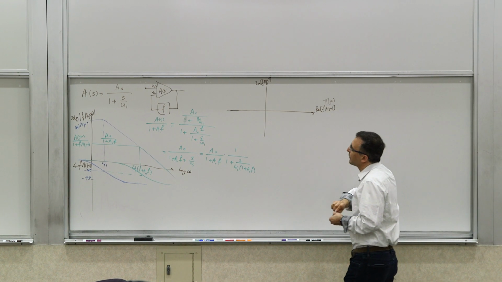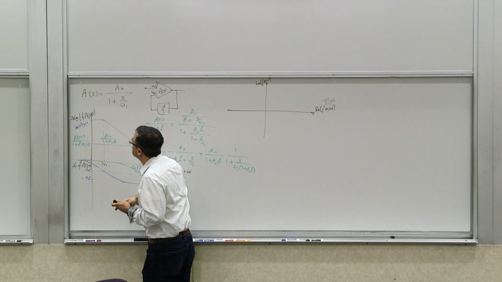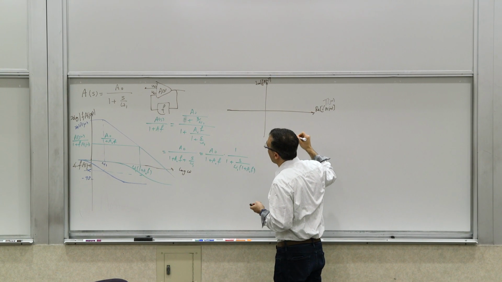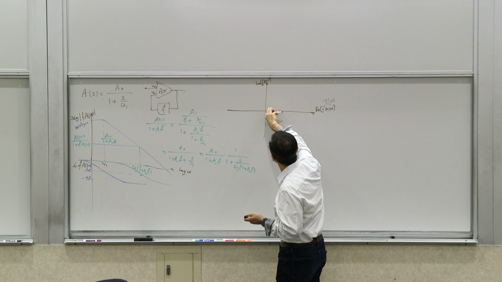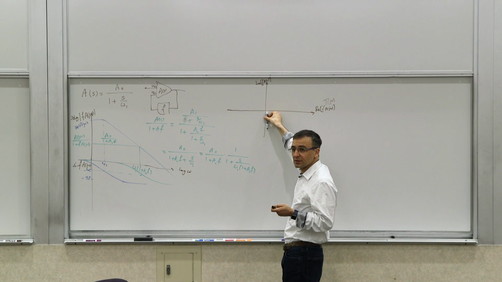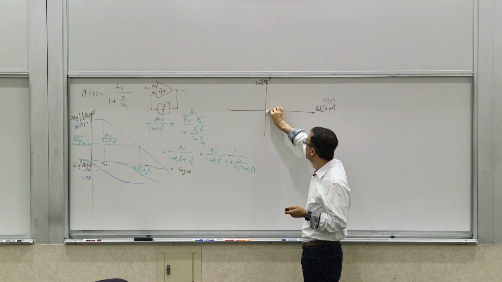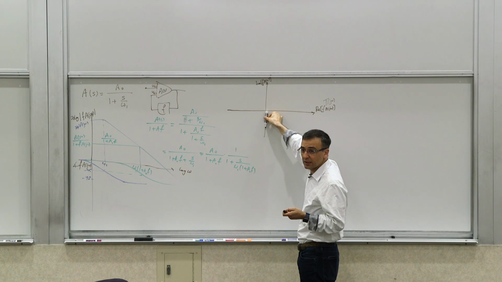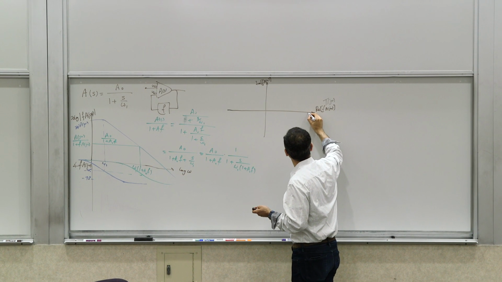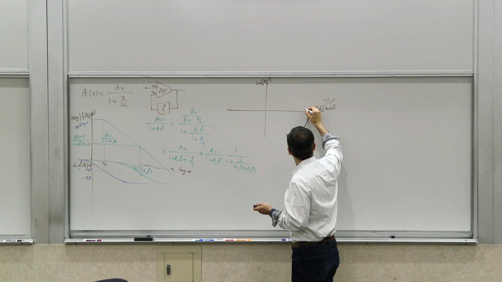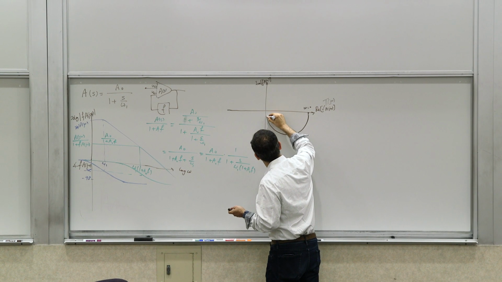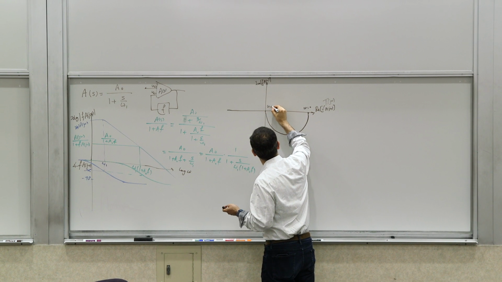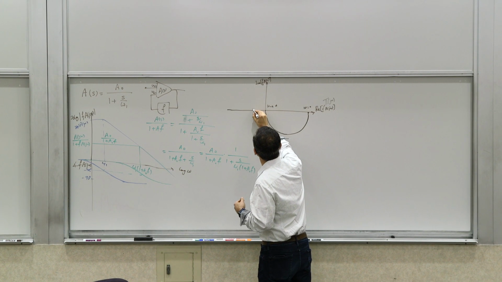You start off from some large value, okay? And the maximum amount of phase that you will have is negative 90 degrees. So you will stay in this quadrant. Your phase varies from 0 and maximal goes to negative 90 degrees. Your amplitude starts from some value A0. So this is at omega equals 0, and then it goes to 0 eventually. So it would be something like this. So this is where omega goes to infinity. And this is point negative 1.